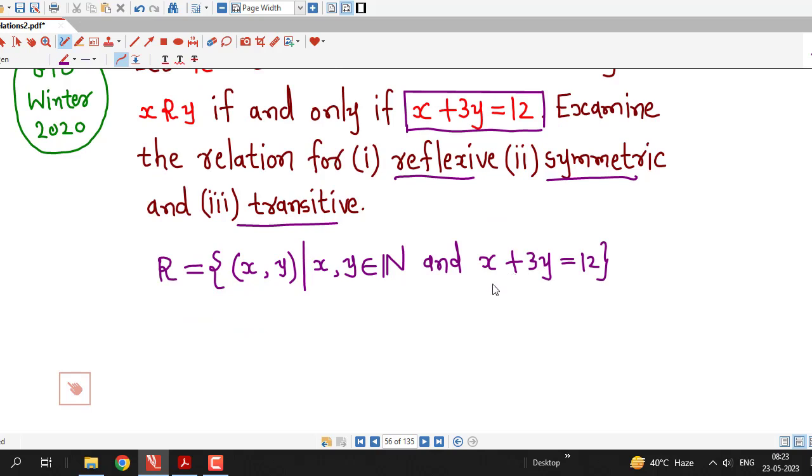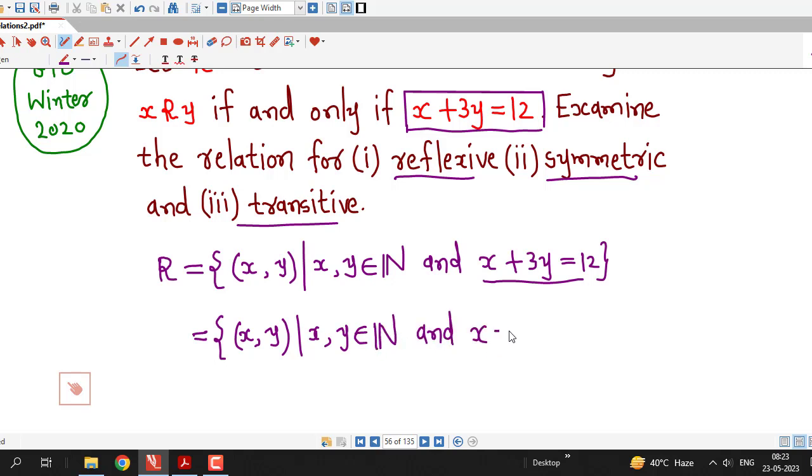That means we have to find the natural numbers which satisfy this equation, that is, find the solutions of this equation. So this again we can rewrite as (x, y) belongs to N, and this I can rewrite as x equal to 12 minus 3y.